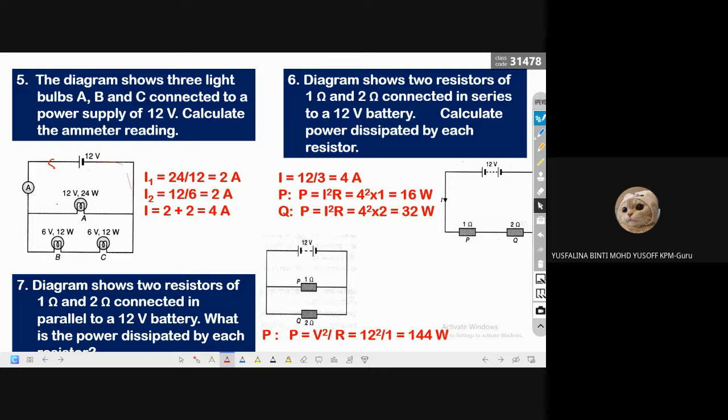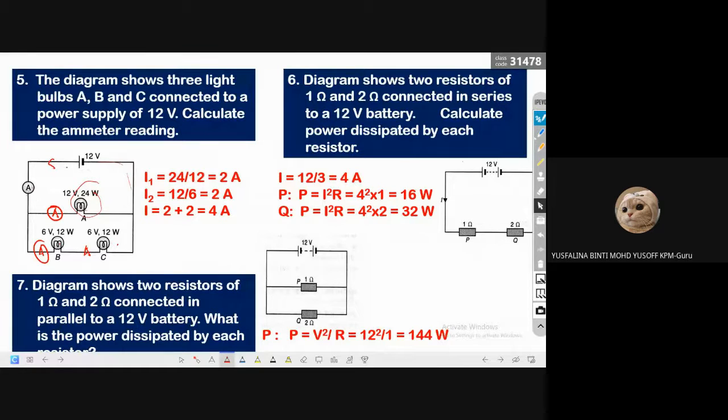But if they ask you to find this part only, they will put the ammeter at that part, and it means they only ask for the current in that part only. So you need to be careful where they put the ammeter.